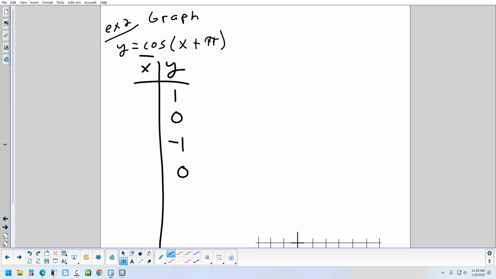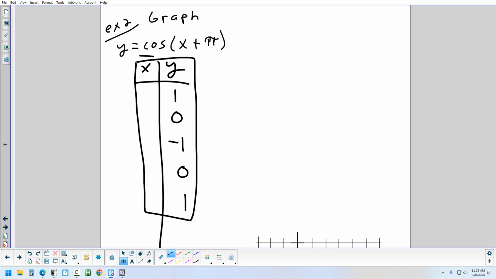Okay, off to the side, I will put my original x's. What are my original x's for cosine? Same as for sine. 0, pi over 2, pi, 3 pi over 2, and 2 pi.